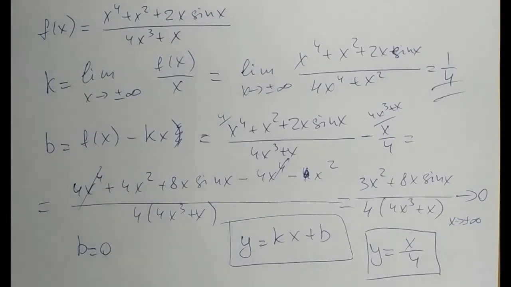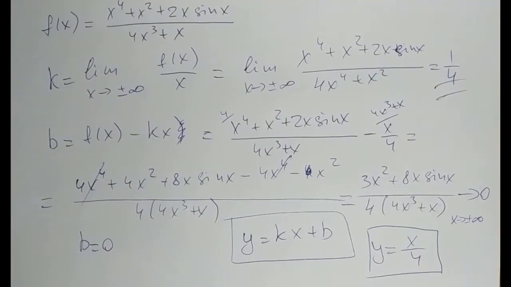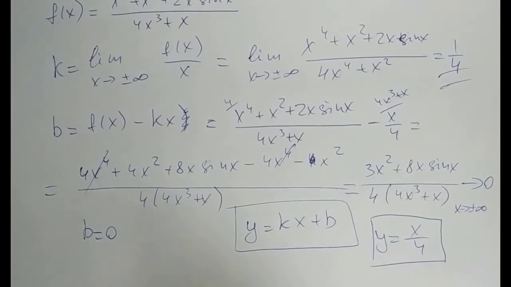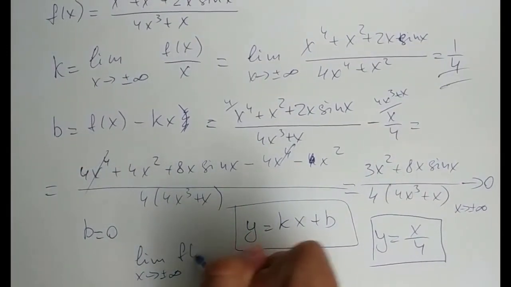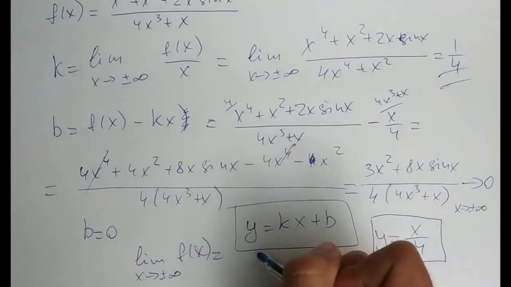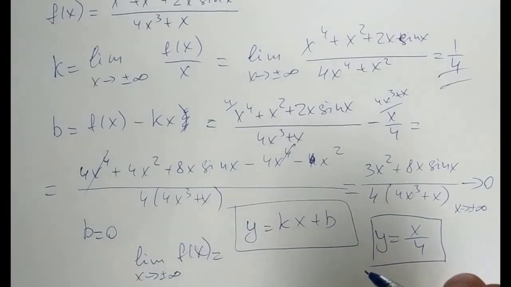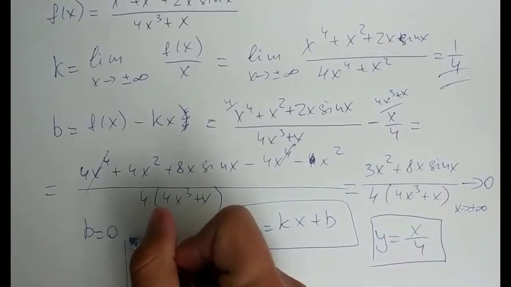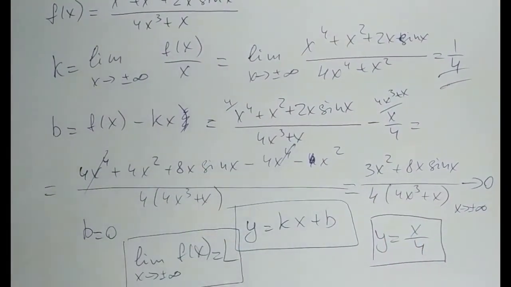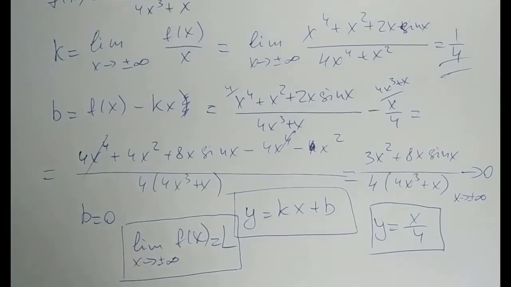And we have one more type of asymptote. This is the horizontal asymptote. It is the limit as x tends to plus minus infinity of f of x equal to just a number L, for example. And this one we call the horizontal asymptote of the function.